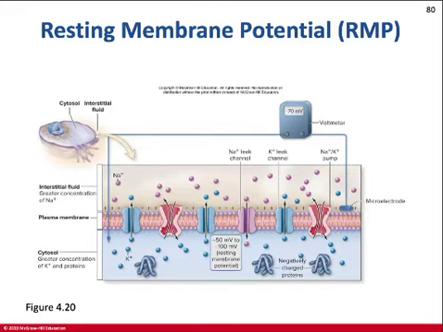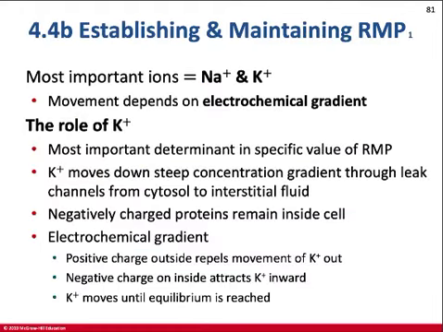But the reason we mean resting is because the membrane potential in this case isn't changing, and it takes a lot of work to keep it from changing. Three quarters of your ATP is used just to maintain this membrane potential that keeps the cell alive, and the byproduct of that is heat, which maintains body temperature.